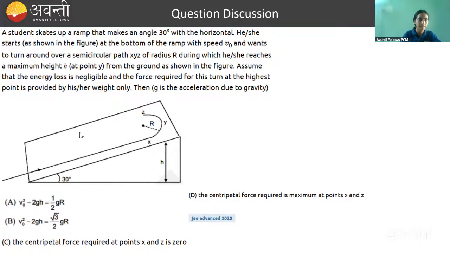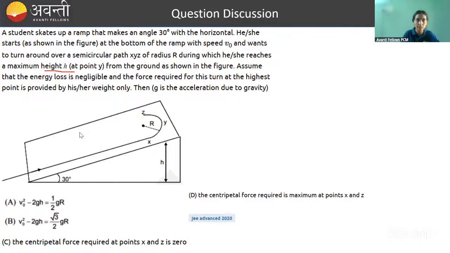Let's discuss it. So what is the question saying? There is a student and he skates up a ramp that makes an angle of 30 degrees with the horizontal, you can see. He starts from the bottom with a speed v naught and wants to turn around over a semicircular track XYZ of radius R, during which he reaches the maximum height h.